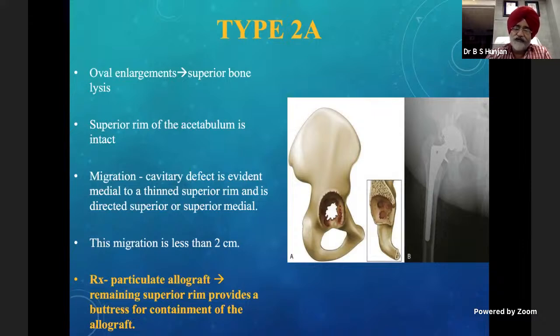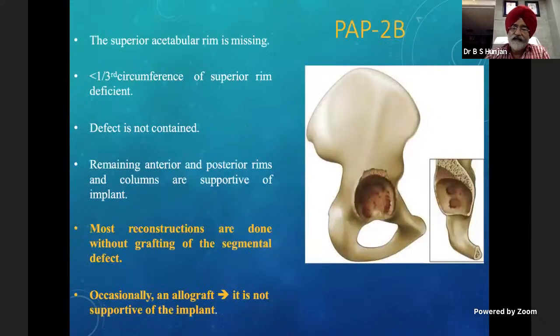And here also the treatment is that we put some particulate graft, and then we put the hemispherical cup. Now, Paprosky 2B, the superior acetabular rim is missing, as you see in this case, and there is one-third circumference of the superior rim deficit, and the defect is not contained.